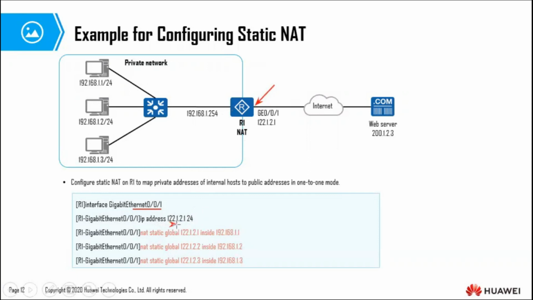So we give it a public IP address, and then we configure now the specific mappings. On the global, we want that. On the inside, we want that. So for this particular architecture, that's how we configure the one-to-one mapping between public and private IP addresses. So that is what we call static NATing.